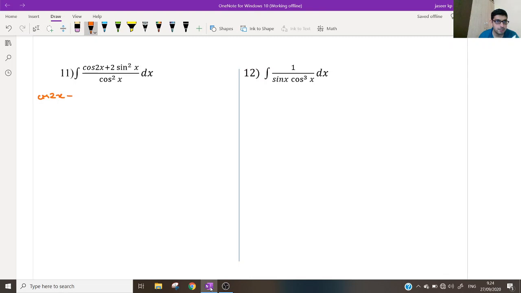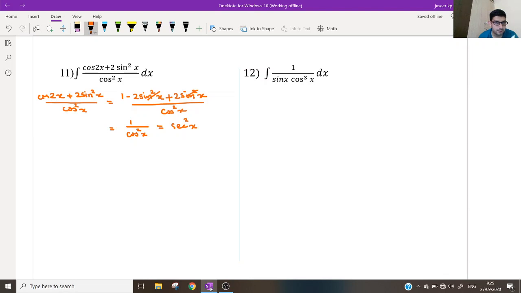Cos 2x can be written as 1 minus 2 sin square x, then plus 2 sin square x, divided by cos square x. So the minus 2 sin square x and plus 2 sin square x will get cancelled, and it will become 1 by cos square x.